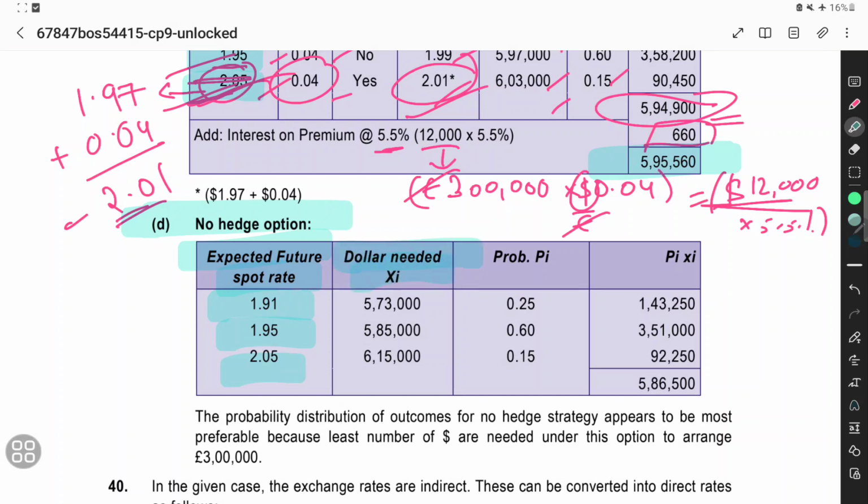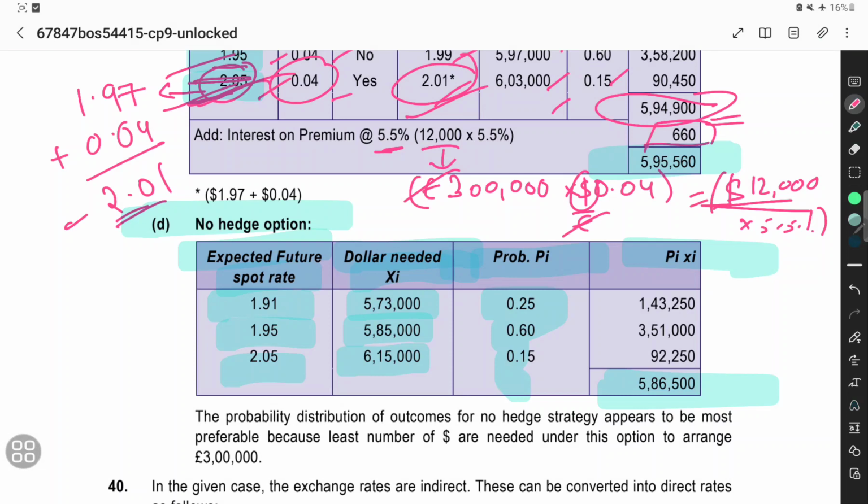The dollar needed, so these are per unit rates, multiplied by 3 lakh pounds. Then the probability, they've given in the question. Then the final is probability multiplied by your quantum, which will give you the answer 5,86,500. The expected outflow, in case you're not doing anything, you're just waiting and watching, basically the no hedge technique, is 586,500.